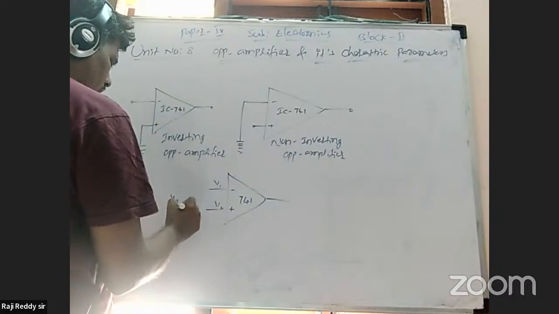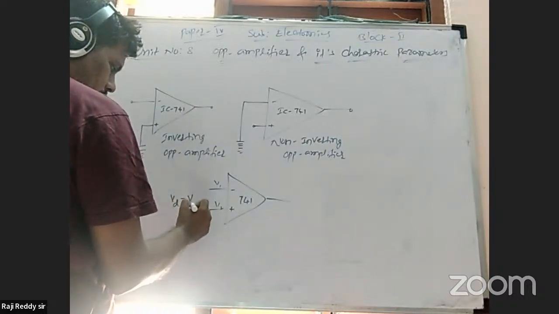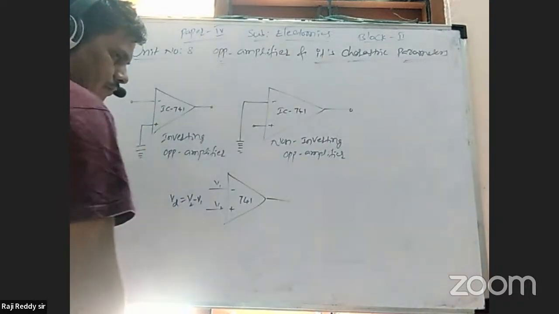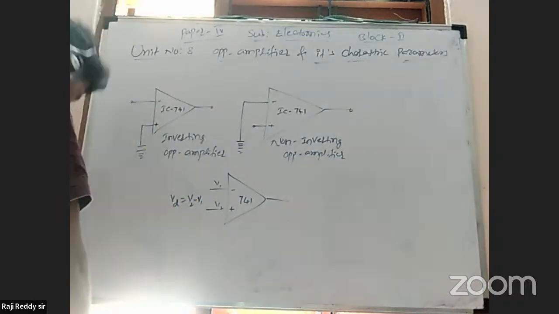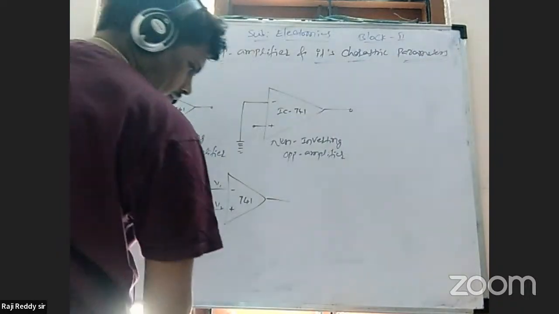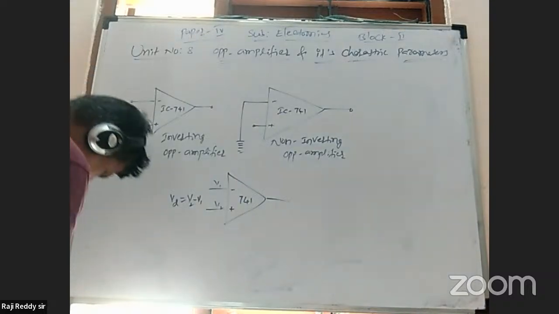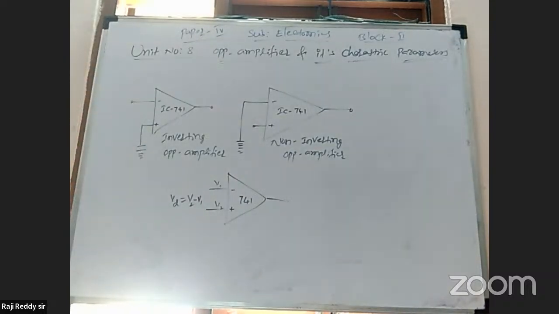Then the difference VD is equal to the higher minus the smaller, V1 minus V2. The difference in volts. Note: the types of operational amplifiers are the inverting amplifier and the non-inverting operational amplifier.